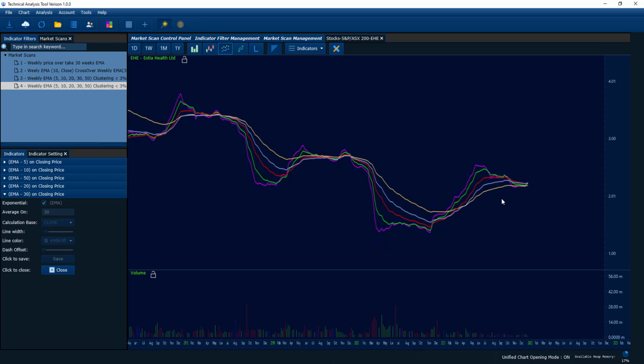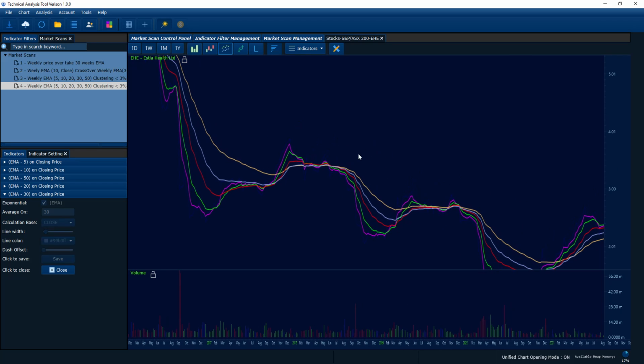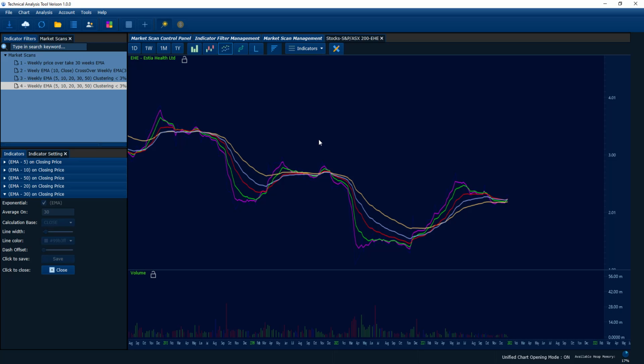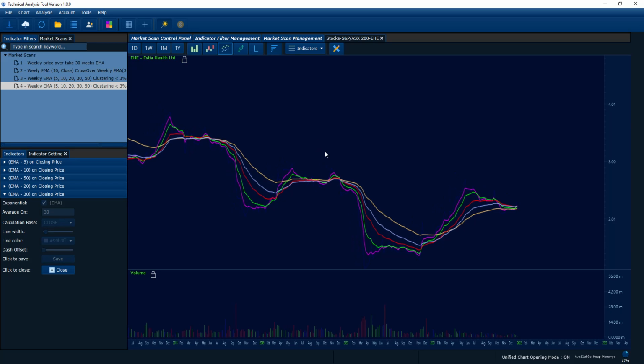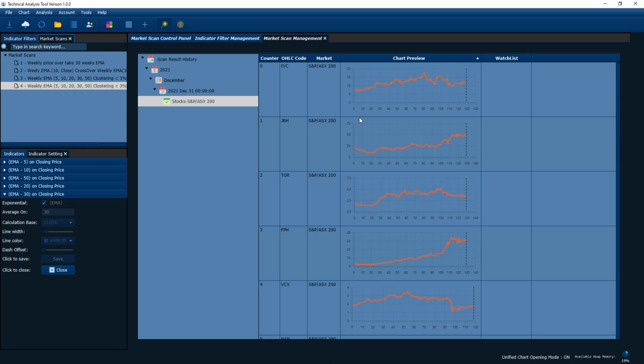So this is another result. It fulfills our conditions, but it is in a very strong bear market. So you need to apply more information and more analysis to make sure whether you think it's going to be a turnaround, or just stay away from this one. Okay, so here is the fourth one.